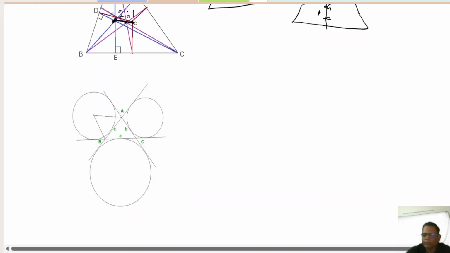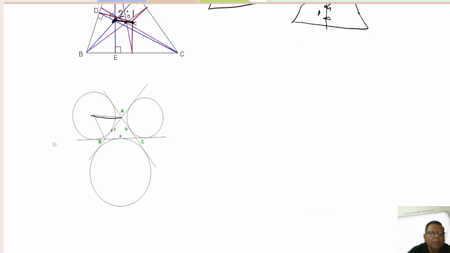So now another center, that is the excenter. Suppose you are drawing the external angle bisectors, then they will cut at a point, and if you draw a circle from this point, it will touch all three sides extended. Similarly here also.